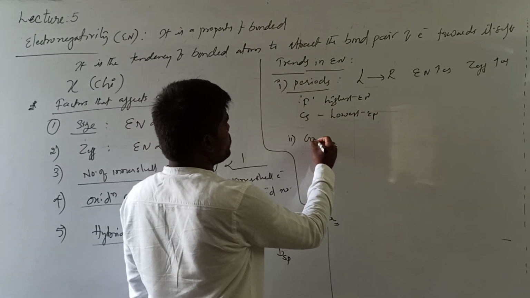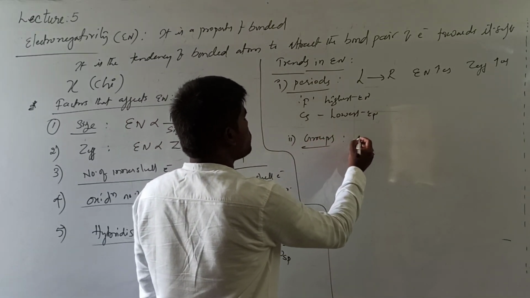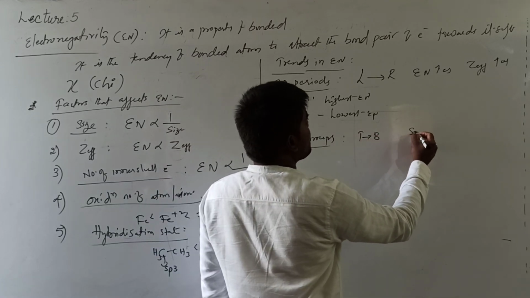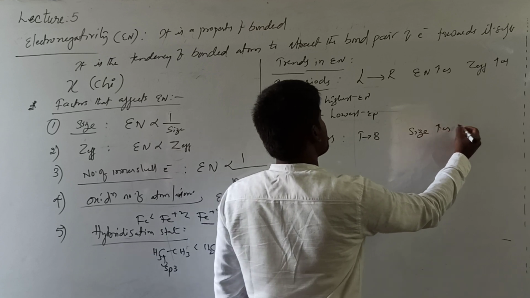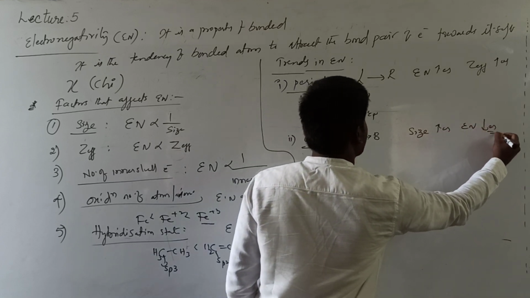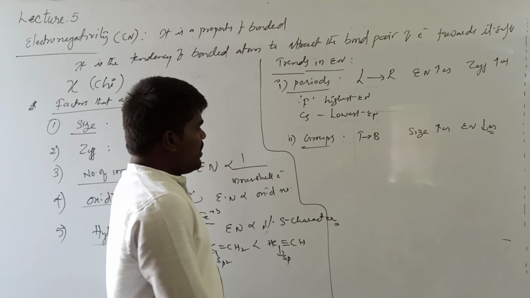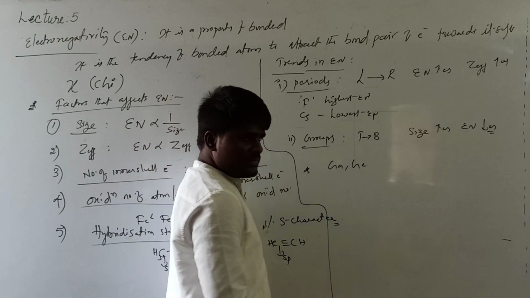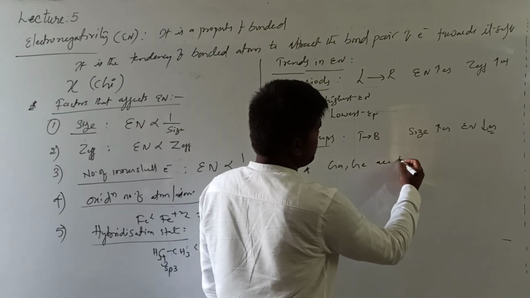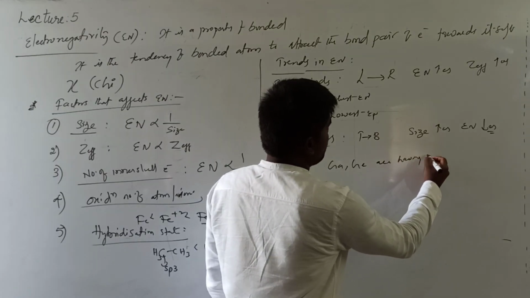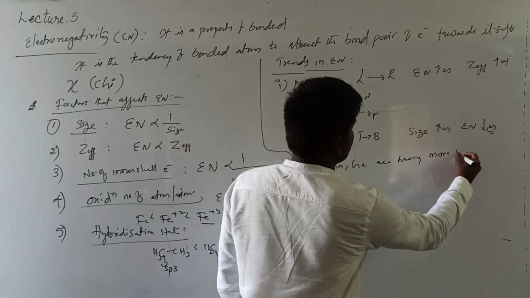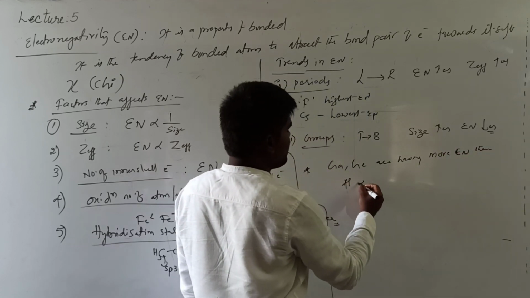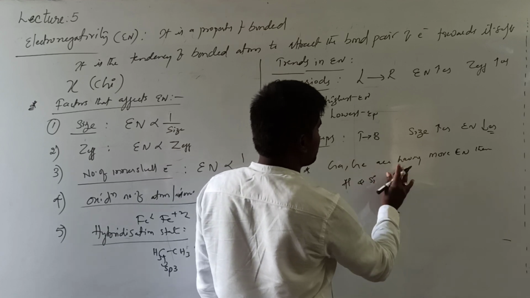And if you are talking about groups, top to bottom, size increases. With increase in the size, electronegativity decreases. And an important exception to be remembered is that gallium and germanium have more electronegativity than aluminum and silicon respectively.